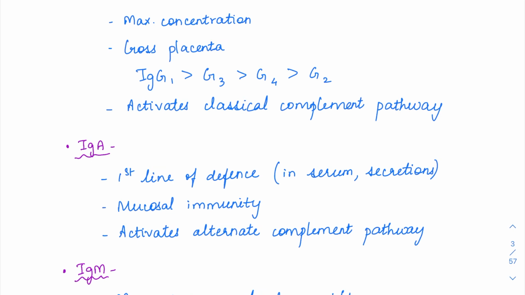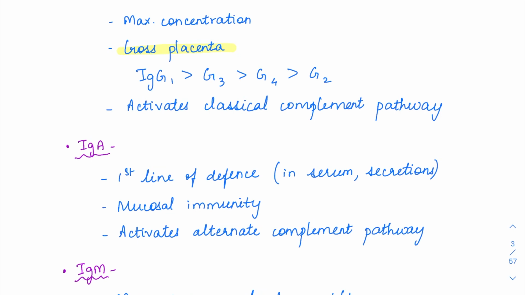This IgG has a specific property, which is crossing of the placenta. IgG immunoglobulins can cross the placenta, and that is why in RHD, that is Rh incompatibility, we have hemolytic disease of the newborn, HDN we call it, right? In HDN we have antibodies crossing from the mother through the placenta to the fetus, and in the fetus it is going to cause hemolytic disease.